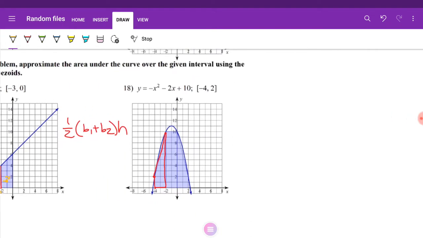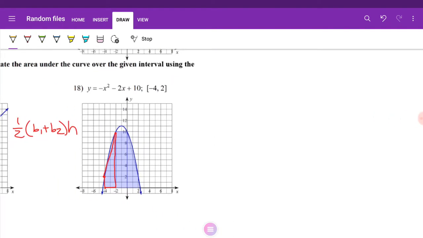Okay? So when you do this one, we've got 3 trapezoids. I know that the middle trapezoid looks like a rectangle, but we're going to use a trapezoid anyways, because technically it is a trapezoid. They're telling you in the directions you're using trapezoids. And a rectangle is a trapezoid. But it gives you the same answer anyways.